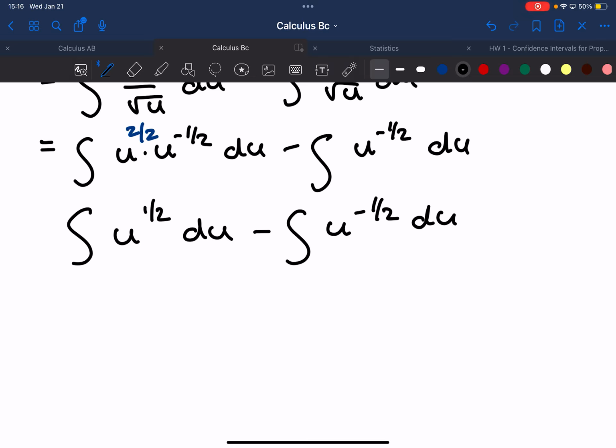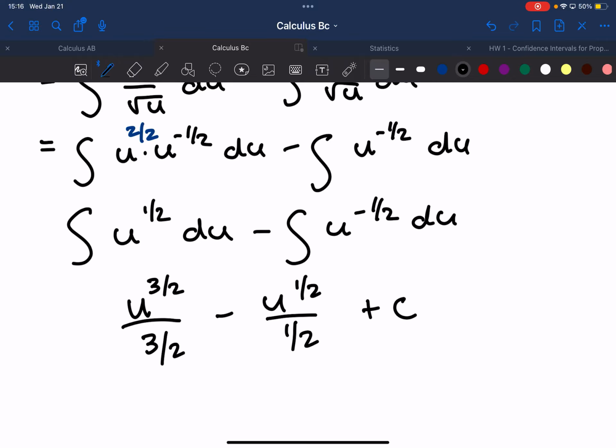So what would be the antiderivative of the first one? u to the 3/2 over 3/2, minus, what about the next one? u to the 1/2 over 1/2, plus c.